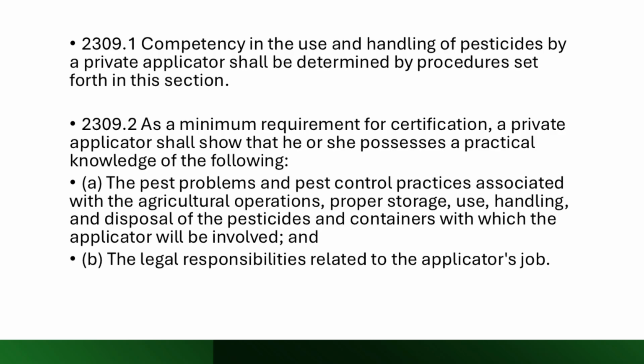As a minimum requirement for certification, a private applicator shall show that he or she possesses a practical knowledge of the following: A. The pest problems and pest control practices associated with the agricultural operations, proper storage, use, handling, and disposal of the pesticides and containers with which the applicator will be involved, and B. The legal responsibilities related to the applicator's job.